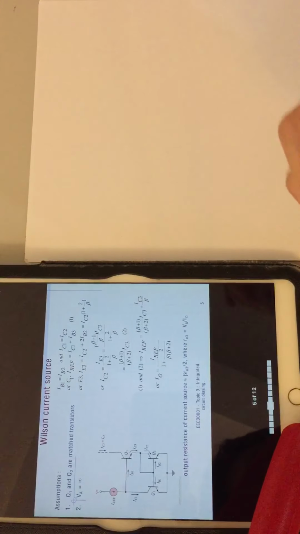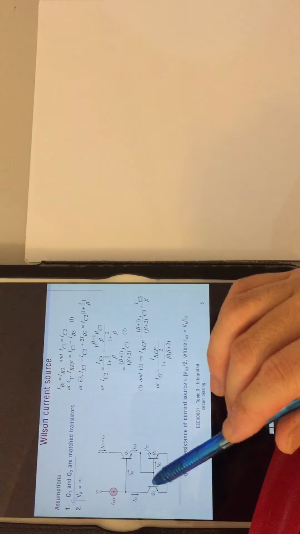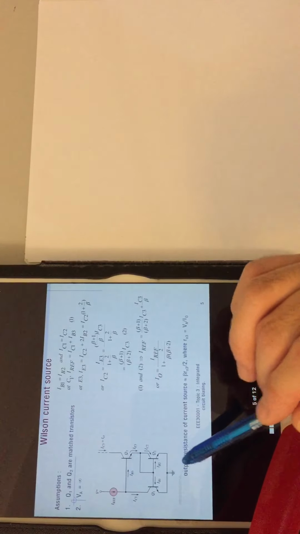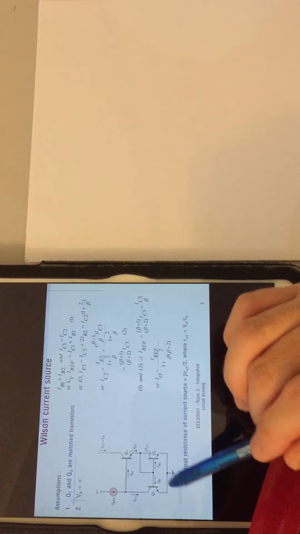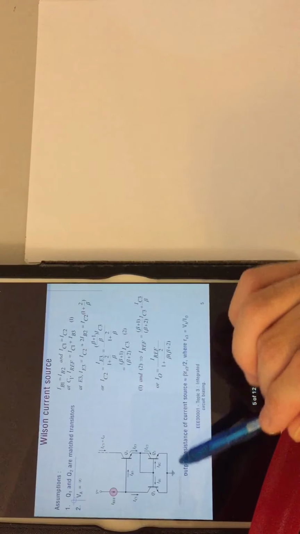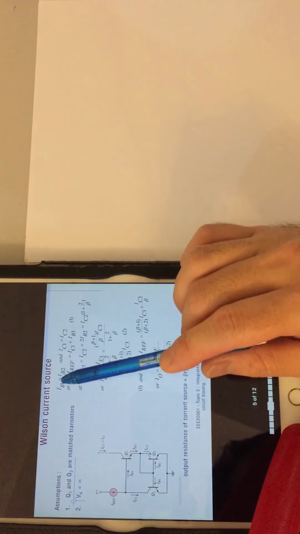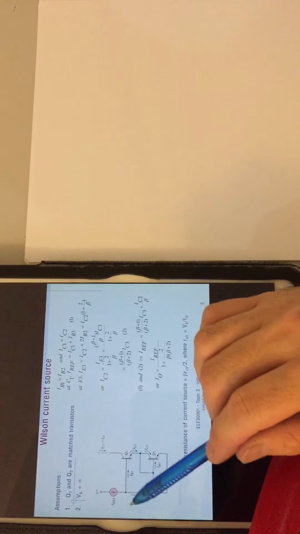Okay. So if Q1 and Q2 are matched transistors, and VBE1 is equal to VBE2, then we should have the current components of Q1 equal to the current components of transistor Q2. So that's why IB1 equals IB2 and IC1 equals IC2. First of all, we derive a KCL equation at the collector of Q1.